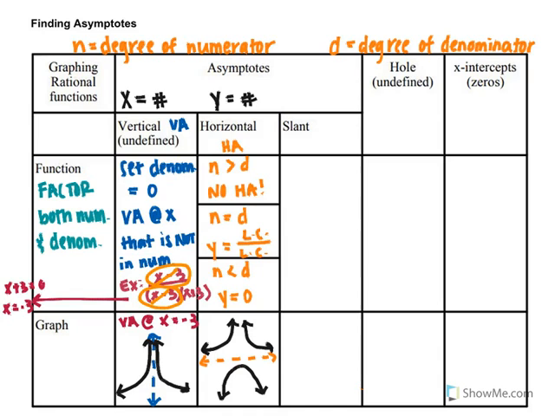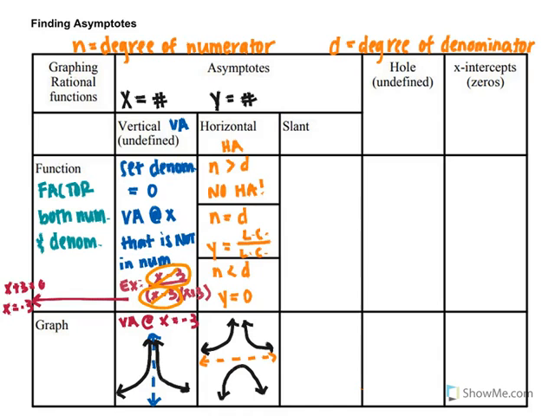Okay. We will talk about slant asymptotes a little bit later, but I want to specifically talk about holes, where our function is undefined, and intercepts as well, x-intercepts. Let's first talk about x-intercepts. X-intercepts are kind of nice because we already know how to find the x-intercepts of a function.